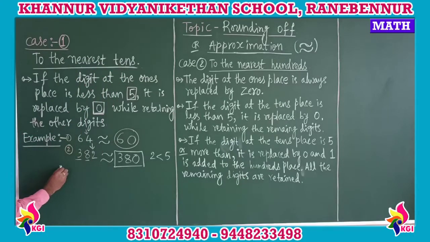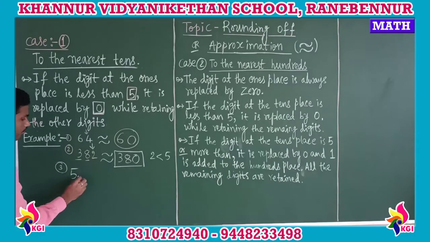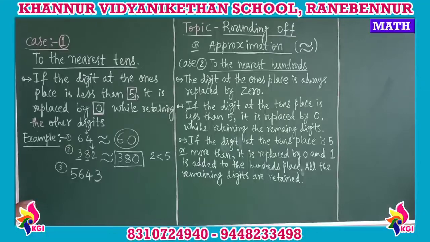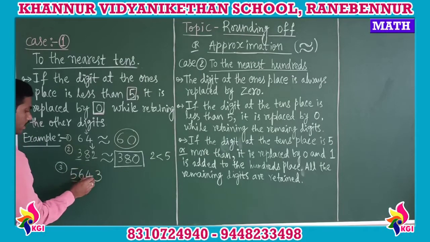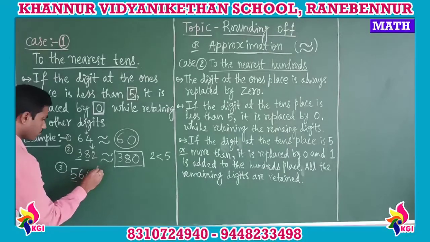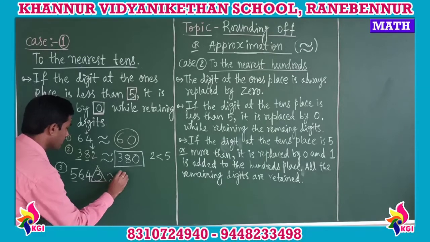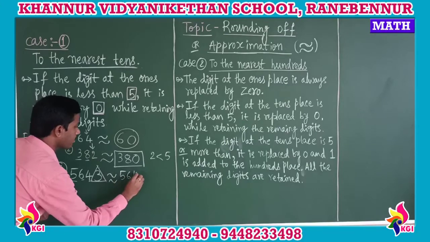Next, third example, I am taking a 4-digit number, 5643. Tell me, my dear kids, you don't see the tens, hundreds and thousands places. You have to see the ones place. It can be written as 5640.